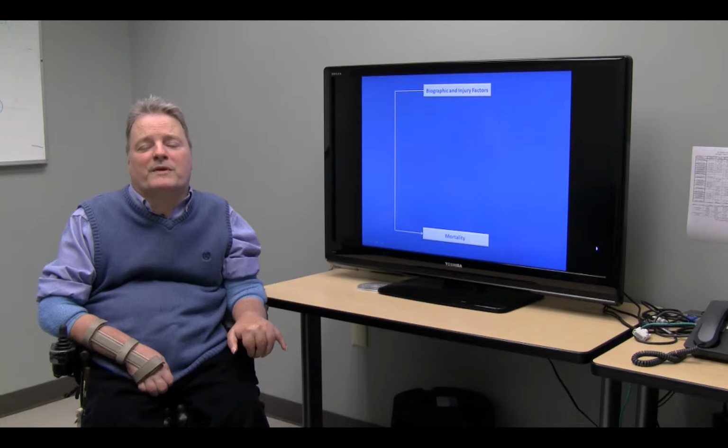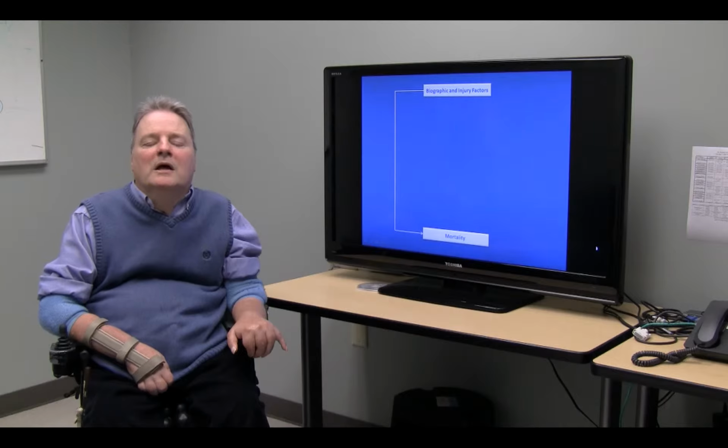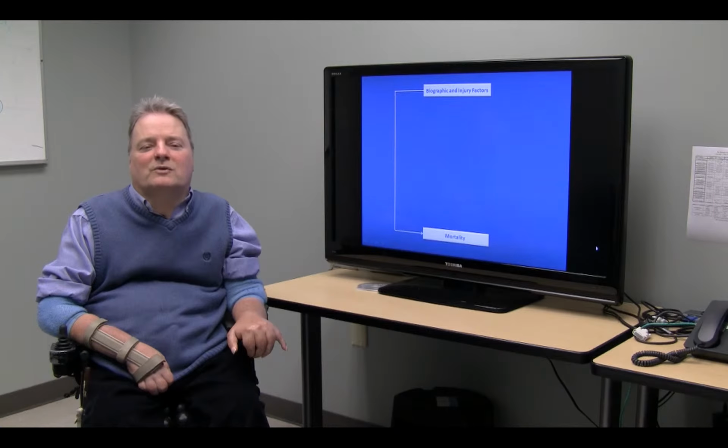So we know that people with a spinal cord injury have certain characteristics, their age, gender, race, ethnicity, and we know that ultimately, as with everybody, people die, and unfortunately there is a diminished longevity after spinal cord injury, but we don't see it in all people. People still have varying degrees of life expectancy depending on a number of characteristics, and we developed this model as a framework for helping us to investigate and understand secondary conditions and mortality.